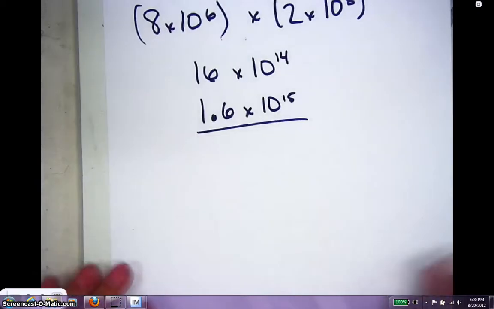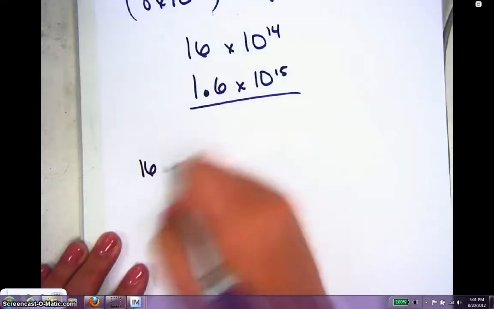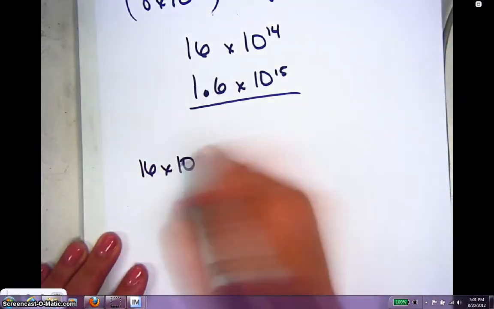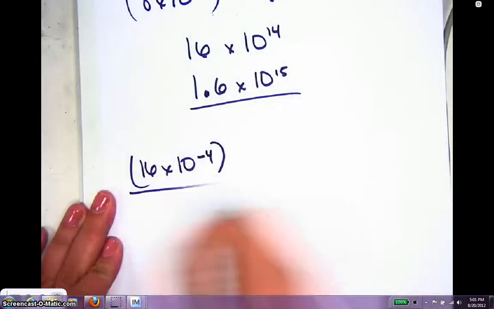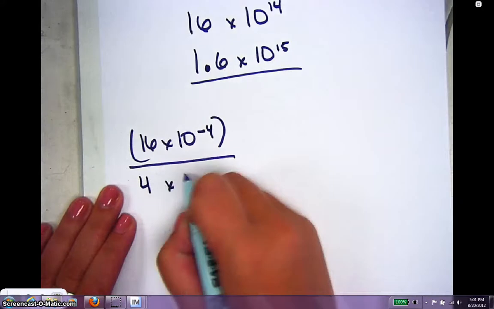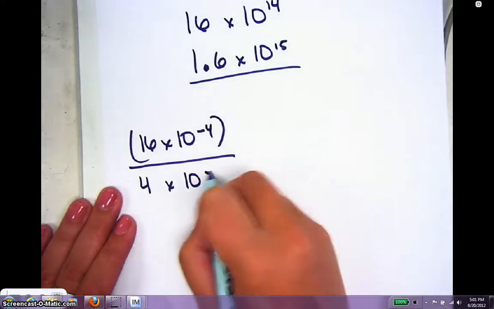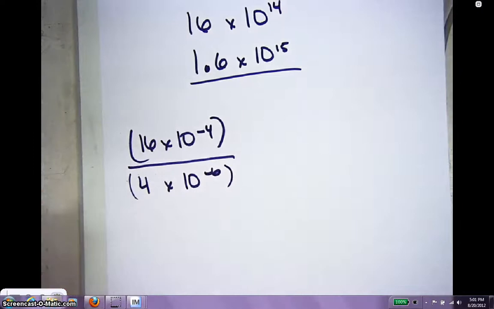Okay? So let's say I have 16 times 10 to the negative 4th, and I want to divide that by, let's say, 4 times 10 to the negative 6th. Okay? Now again, I could do this in my head.